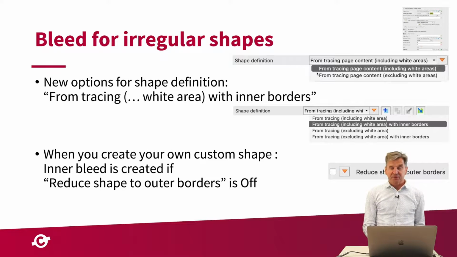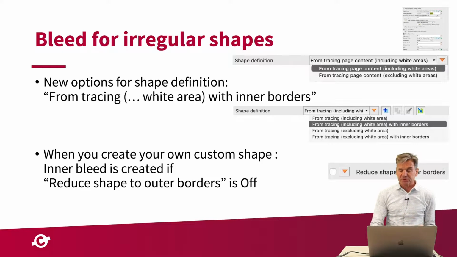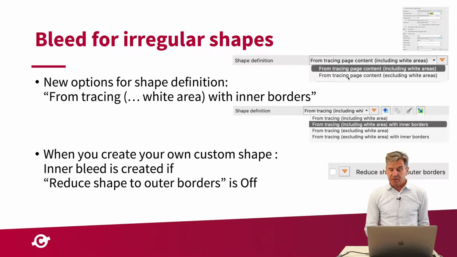When you create shape bleed, you need to specify how to create it, and then you have in 14 from tracing page content, either including or excluding white areas, and then you have two more options in pdfToolbox 15 that add with inner borders, and you can guess what that does.